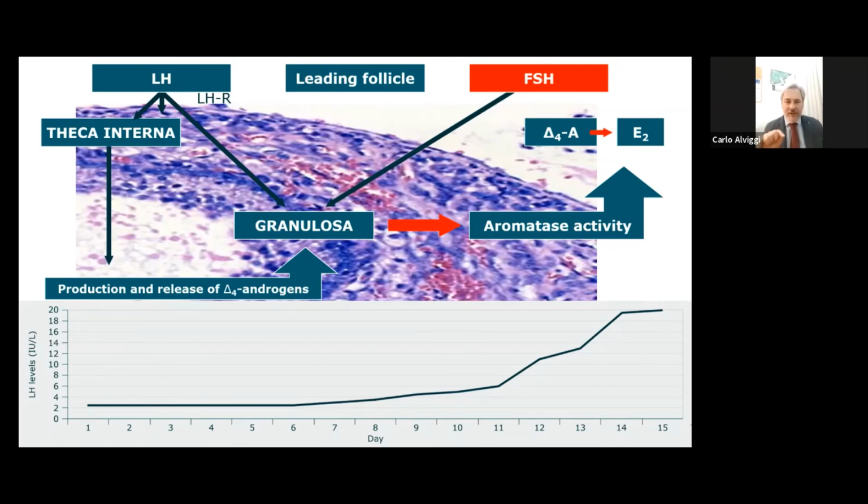And another crucial point, and now I need your attention: LH in granulosa cells is the main regulator of survival of granulosa cells, because by activating ERK and AKT pathways, it determines the number of granulosa cells that have to survive, because LH is anti-apoptotic.